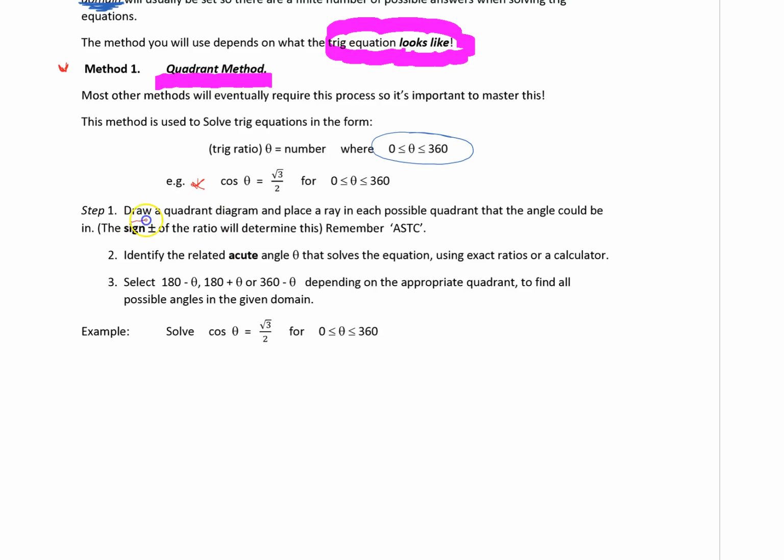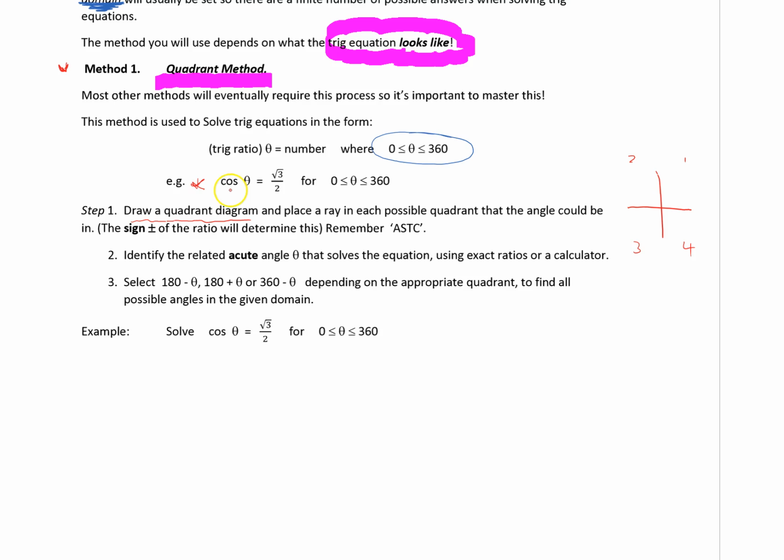So always begin your solution with a quadrant diagram. And by that, I just mean this: quadrant 1, 2, 3, and 4. Once you've got your 4 quadrants, decide which particular quadrant you need to be in based on the connection between the trig ratio and the sign of the number. Is it positive?